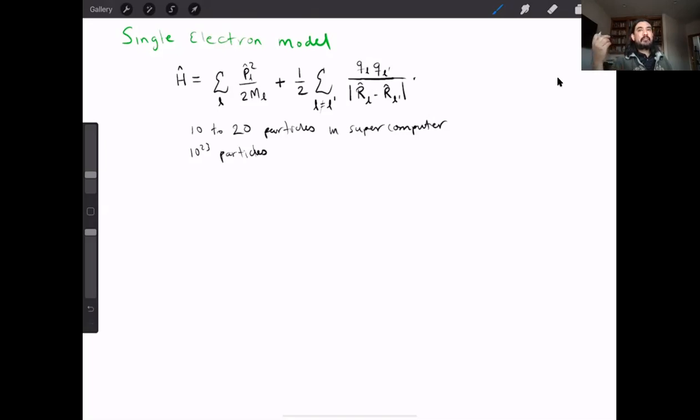And the simplest of these is called the free Fermi gas simplification. So everybody here knows who Fermi is, right? Who doesn't know who Fermi is?